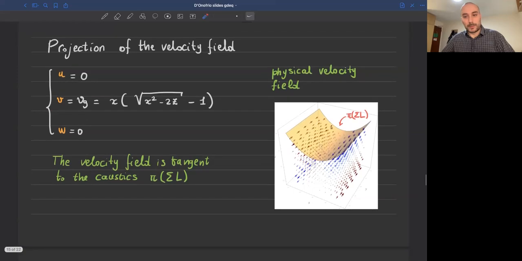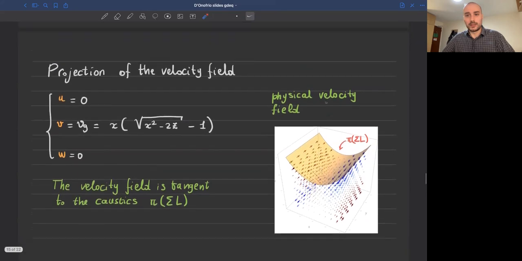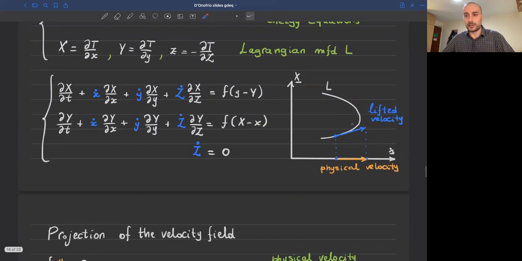Now, what we can see from this picture is that the velocity field is always tangent to the caustics. This is consistent with the intuition that this representation may suggest, right?